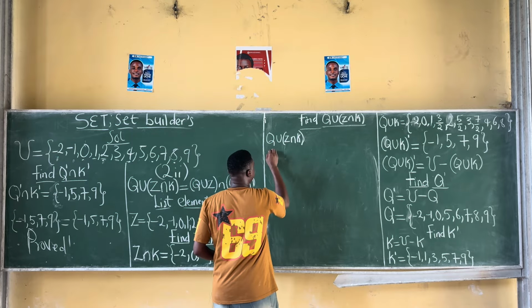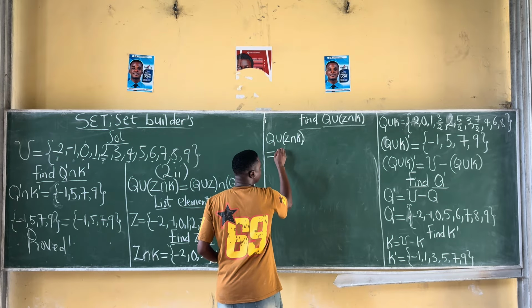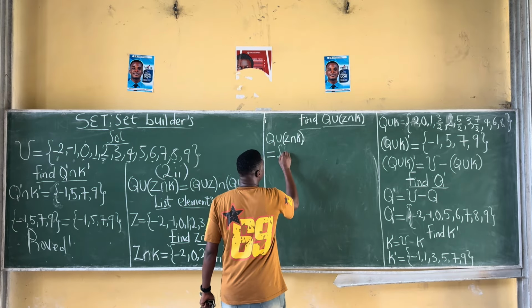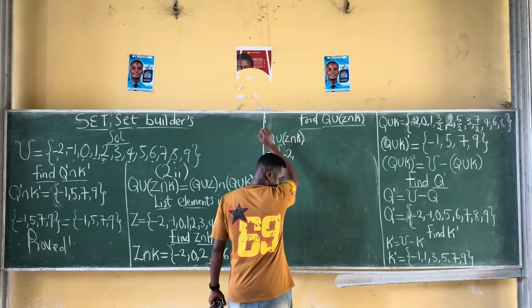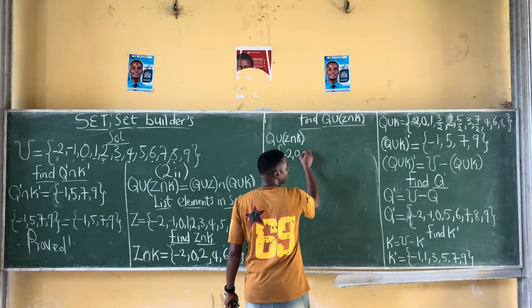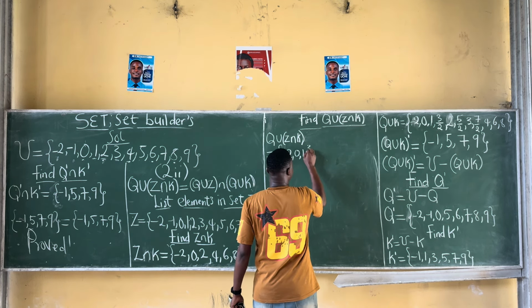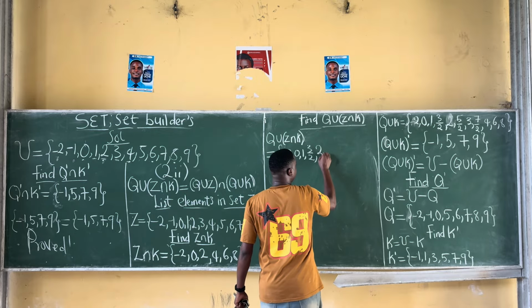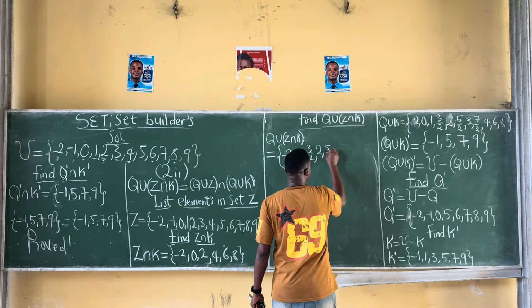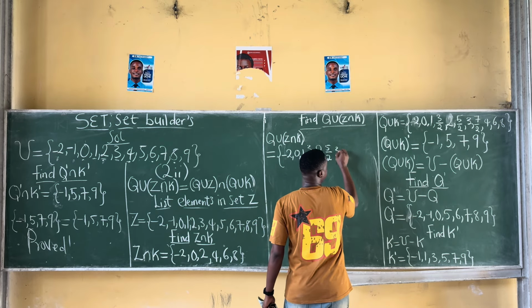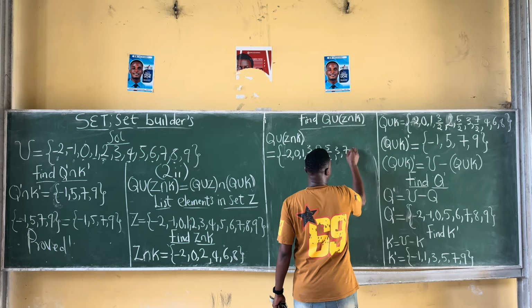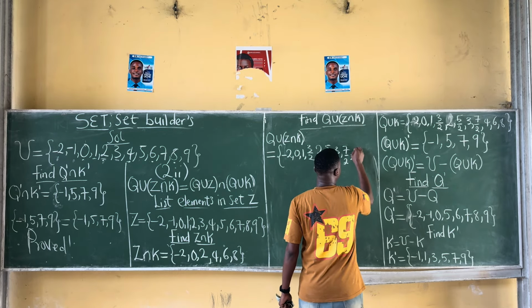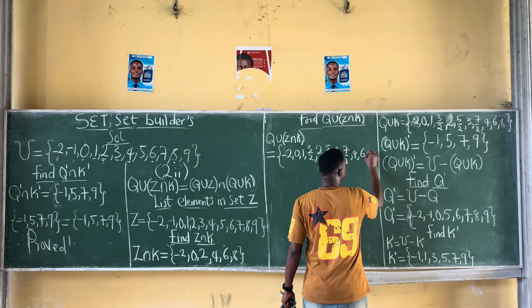So if you go down here, they're equal to minus 2, 0, 1, 3 over 2, 2, 5 over 2, 3, 7 over 2, 4, 6, and 8.